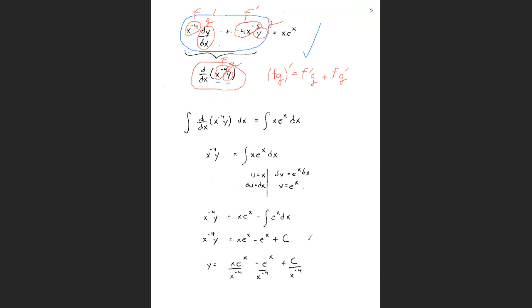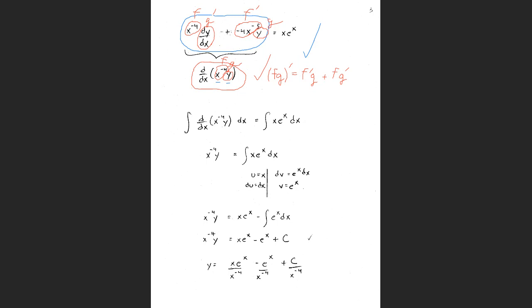All right, are there any questions on that? Who's feeling comfortable with this step here? Let's see, Zachary says, why is the last step not just to multiply by x to the fourth? Well, the integrating factor, Zachary, was x to the negative fourth.